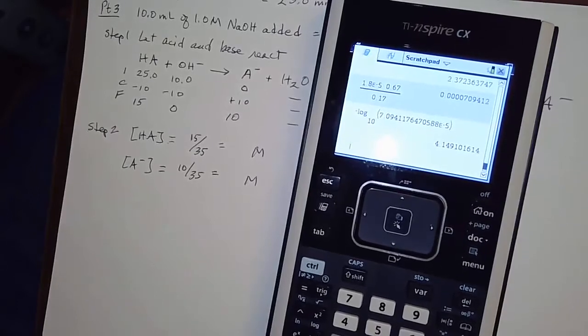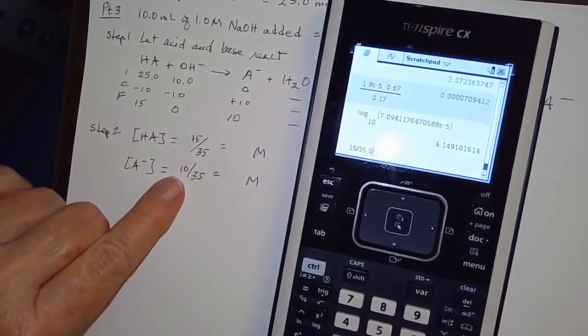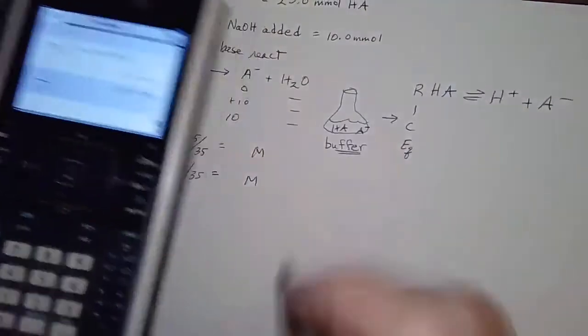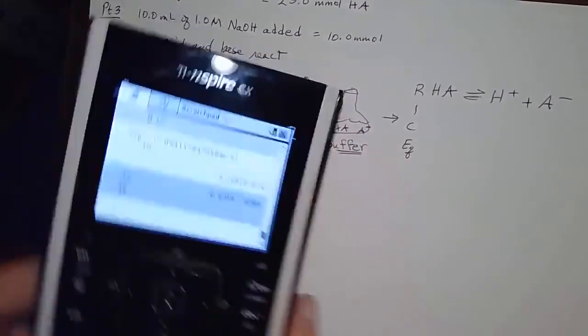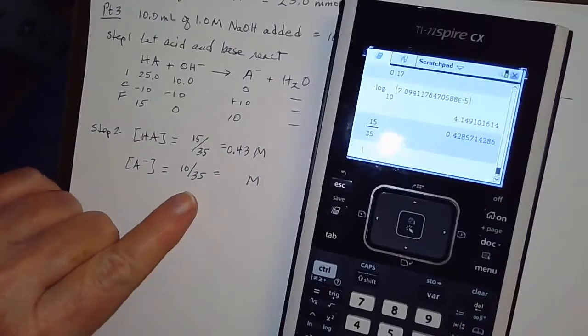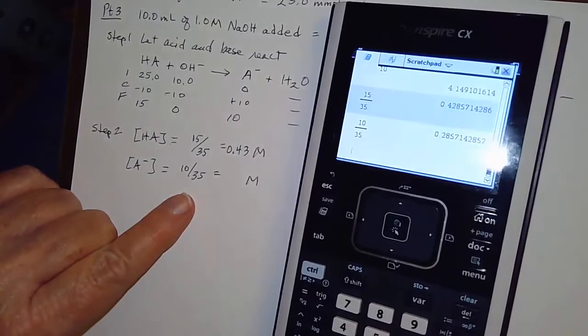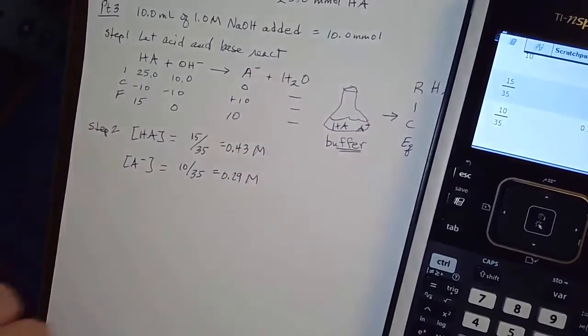So here we go. If we take 15 and divide it by 35, we get 0.43 to 2 sig figs. 0.43 molar. And then if I do 10 divided by 35, I get 0.29 molar.